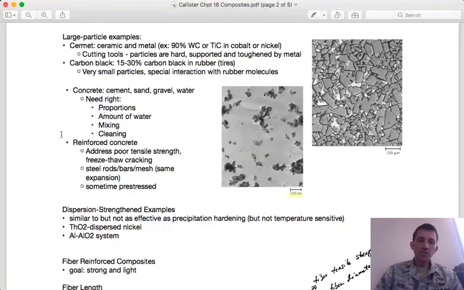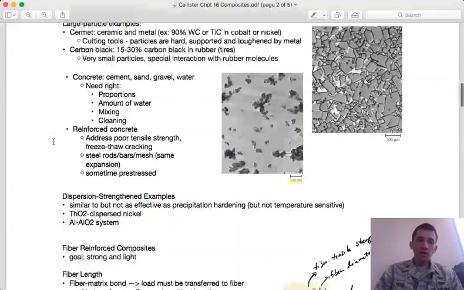Having a good strong concrete is dependent upon mixing those components in the right proportions, to the right degree, with the right amount of water, having clean sand and clean gravel, so that you can get a good strong bond at the interface between those particles and the matrix, which ends up being a mixture of the cement and the smaller particles filling in the gaps between the larger aggregate.